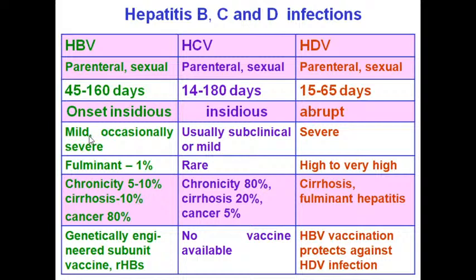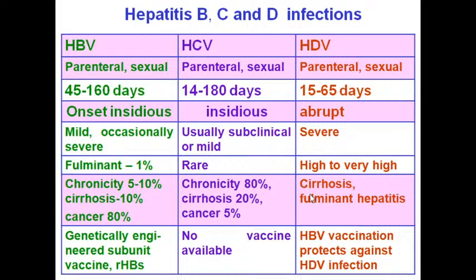If we evaluate the severity of the diseases, it is mild for both B and C, for B occasionally severe, and for C usually subclinical or very mild. But at the end, after several years of subclinical or mild disease, they may cause quite severe damage to the liver.